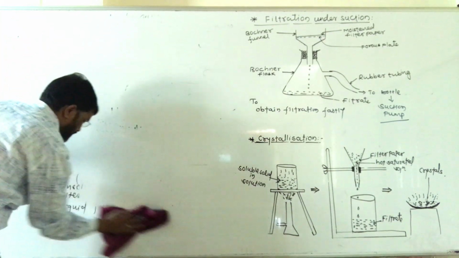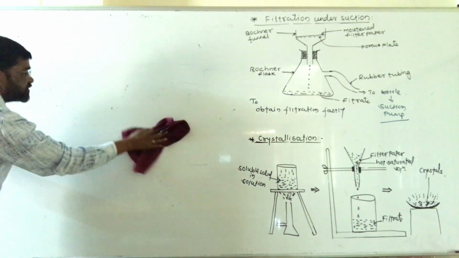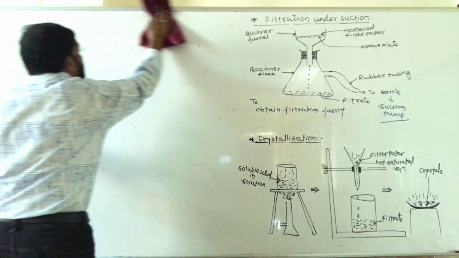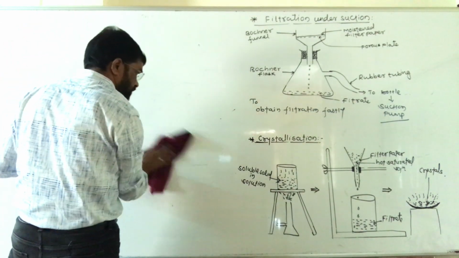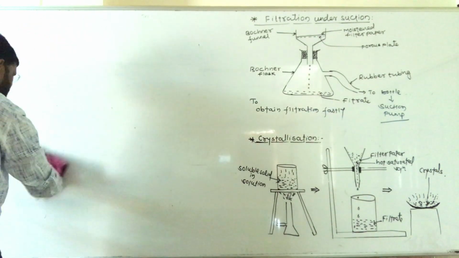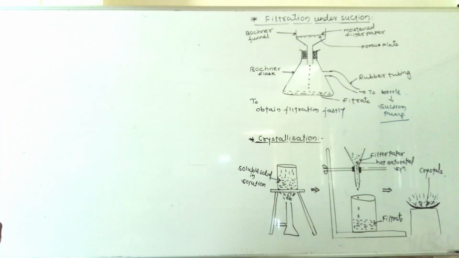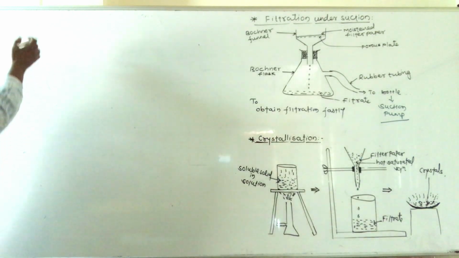The crude solid is made up of mainly one substance and contains some impurities, including soluble impurities in the solvent. Crystallization process.